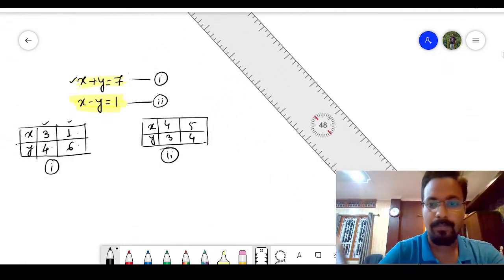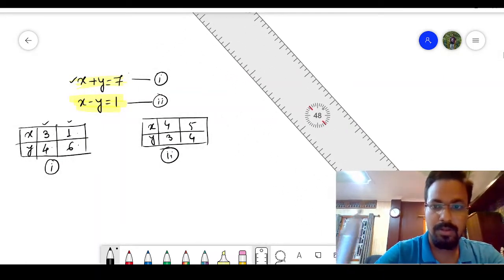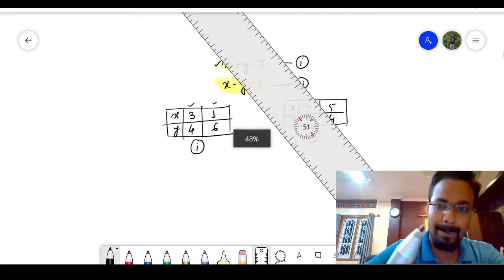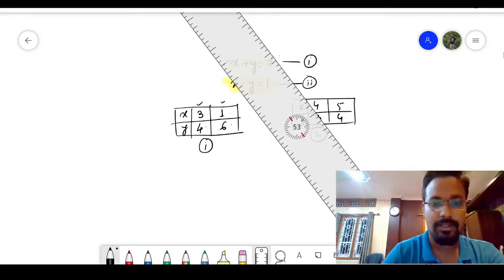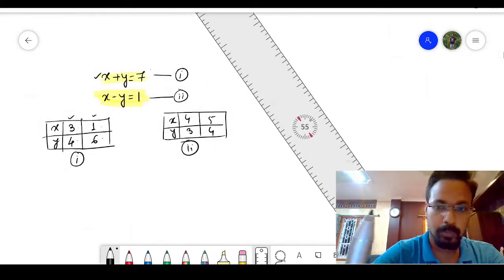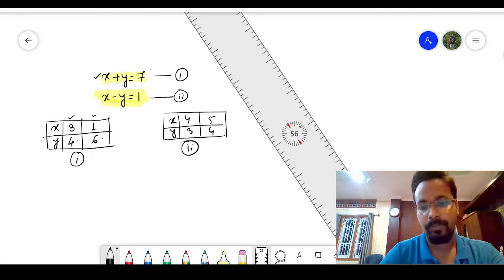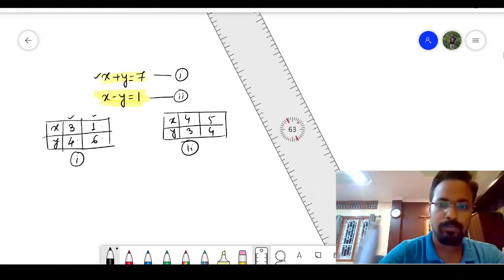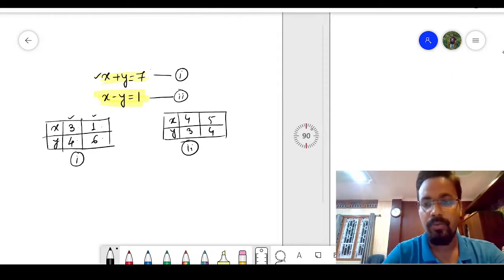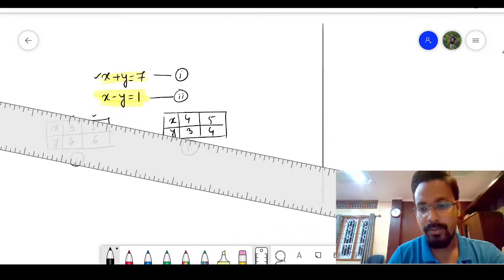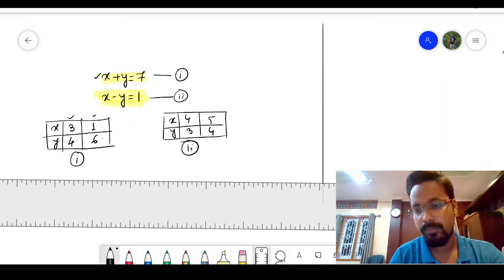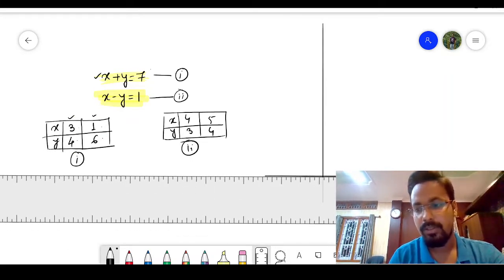This is our y-axis, and now we will take our x-axis.